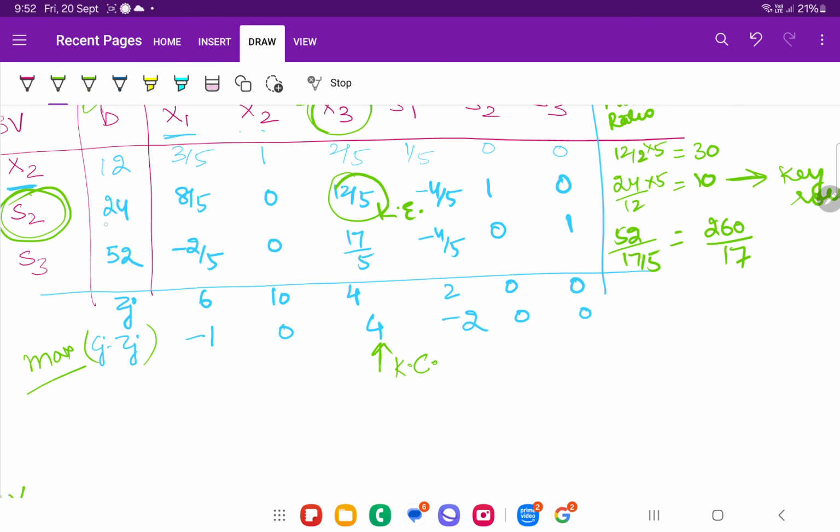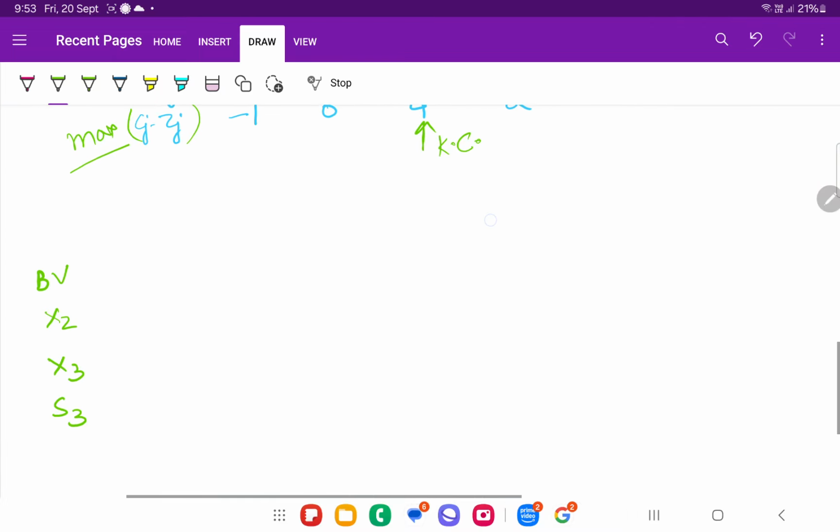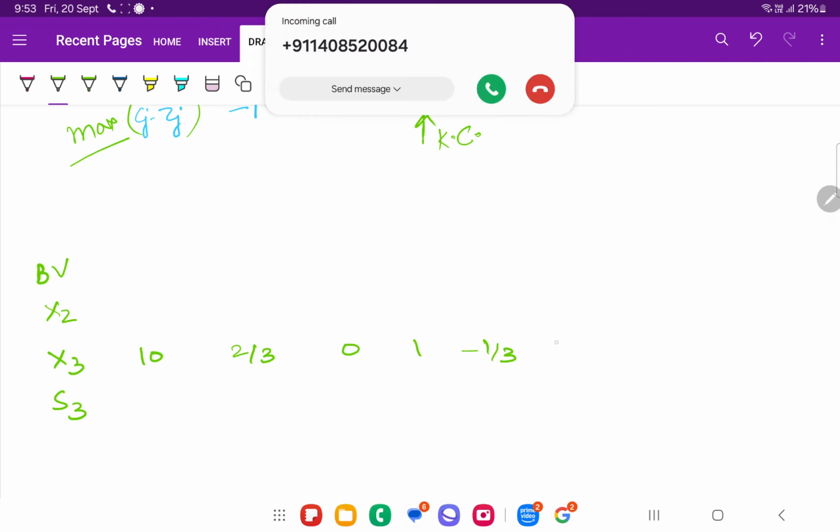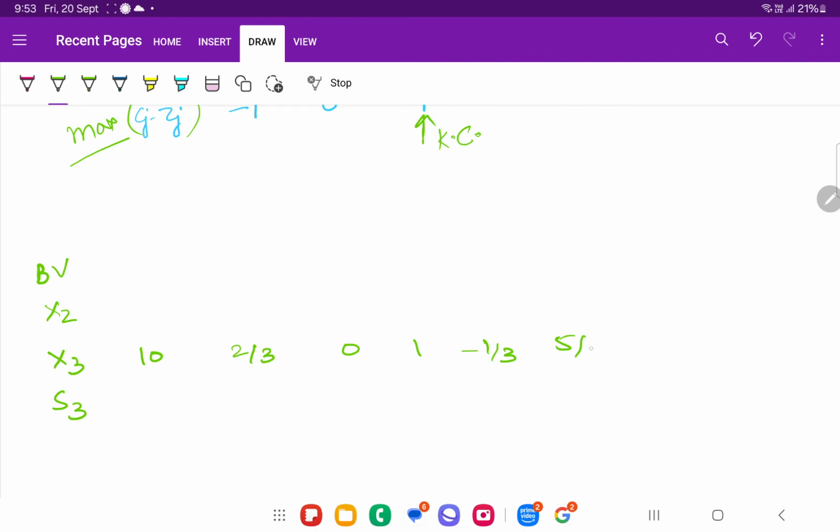Now you will first calculate the values of the key row by dividing the elements by the key element. When I divide it, this will become 10, this will become 10, this will become 2 by 3, 0, 1, minus 1 by 3, 5 by 12, then this is going to be 0.